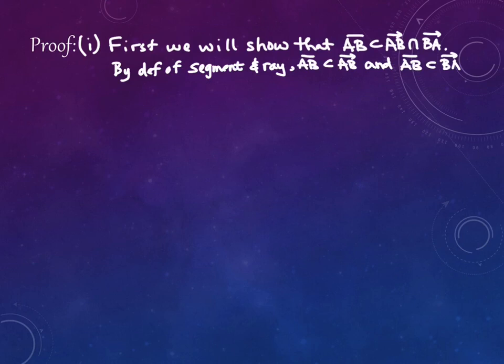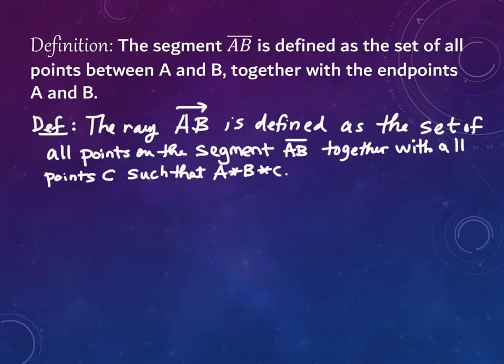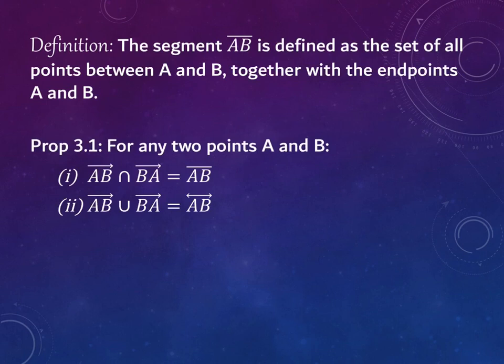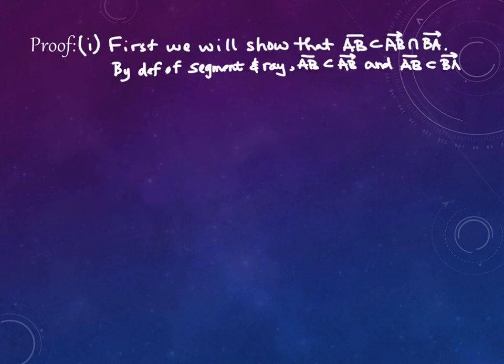It's the one that I wrote in a minute ago. I promise I'll come back here in a second, but just to see as a reference. It's the set of all points on the segment together with additional stuff. Okay, so that's what we're using to start with. Thus, segment AB is certainly contained in their intersection because it's in each individual one. So it's contained in the intersection. I wrote that one wrong. There we go.